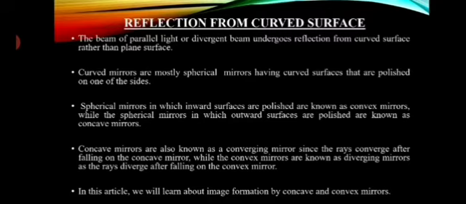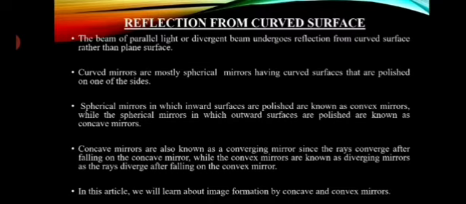The image formed varies depending upon the position of the spoon from your face or the object, which you will see in the coming lecture. Now, the concave mirrors are also called converging mirrors, since the rays converge after falling on the concave mirror.